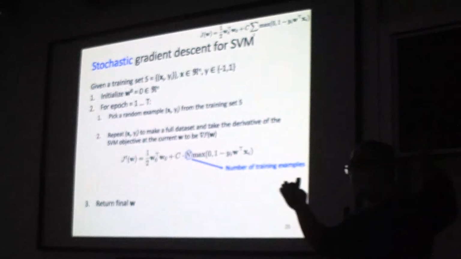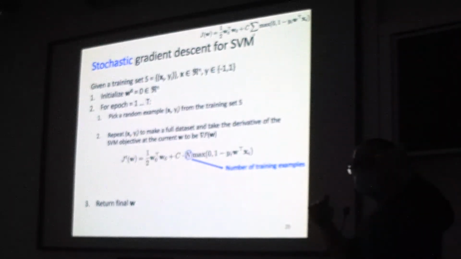You need to maintain the scale of the loss term and the regularization term. In doing that, you maintain the right scale, and then your stochastic gradient will have the guarantee. Does it make sense? Any questions?